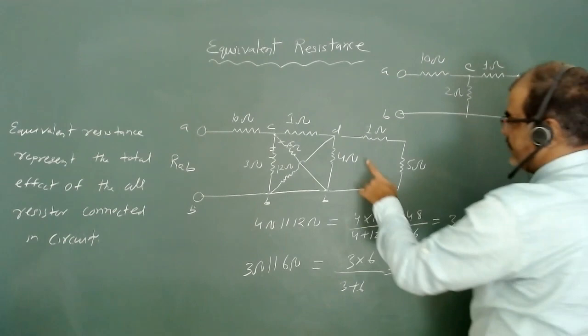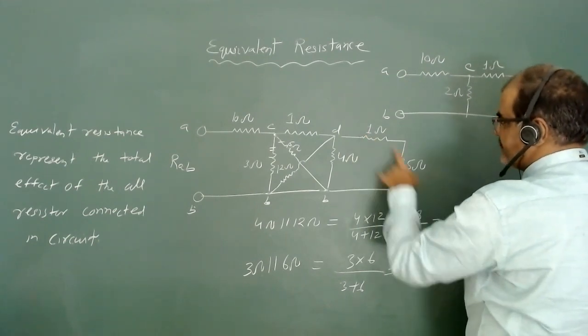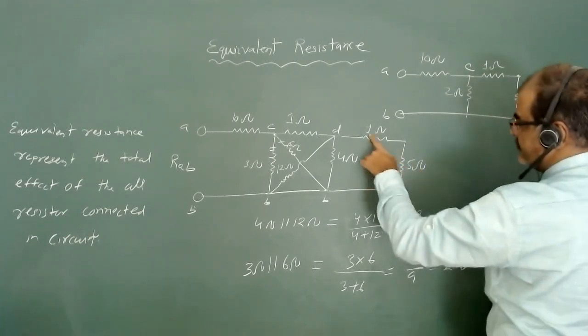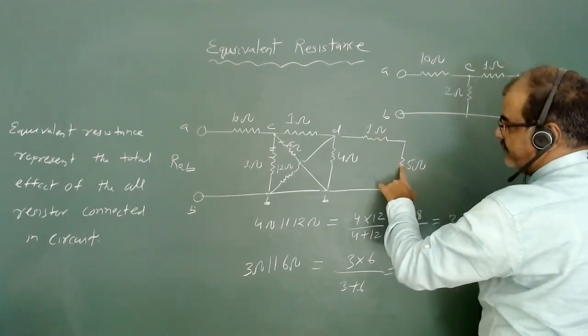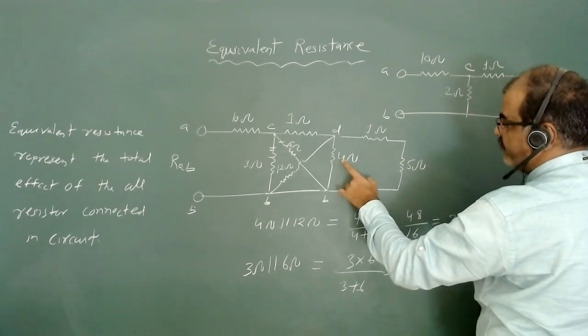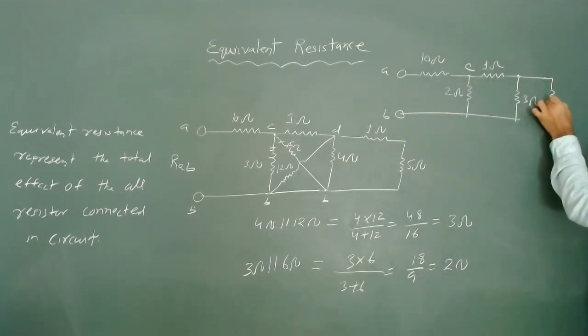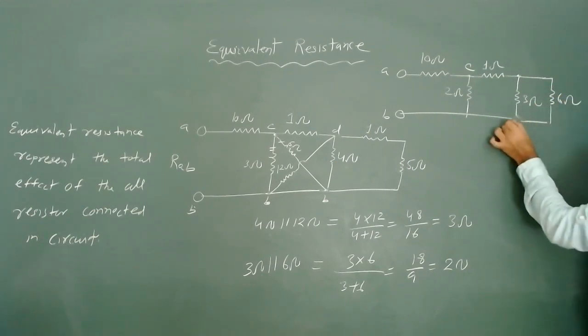Now we can see here 1 ohm and 5 ohm resistances are in series. So these two resistances will again be parallel to this 4 ohm resistance. I can write here this 6 ohm resistor is parallel to 3 ohm.